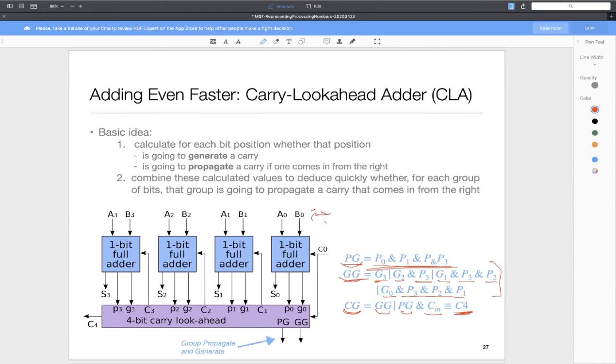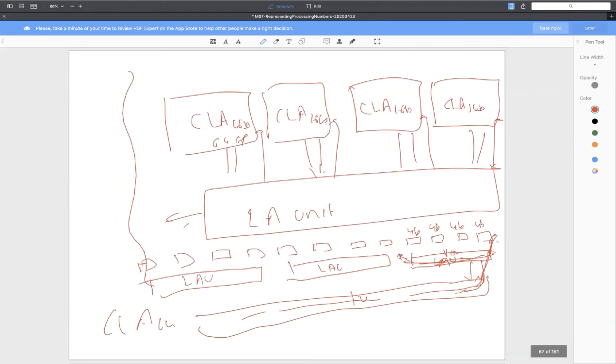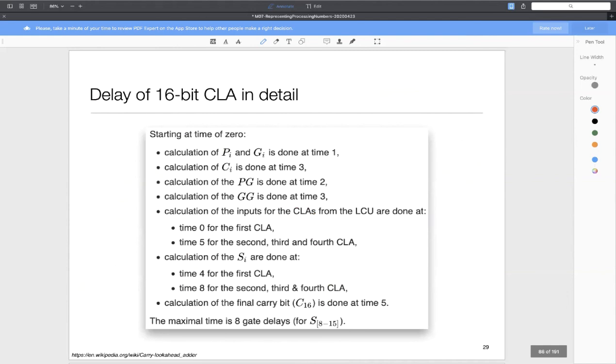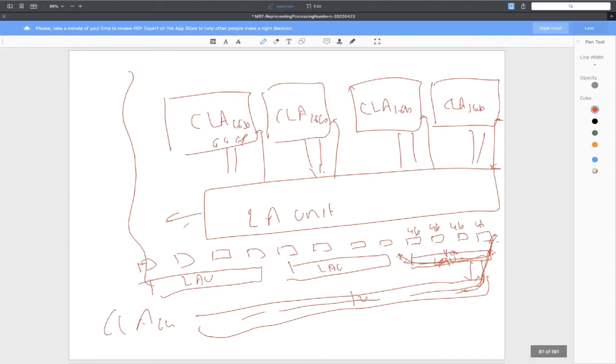Yeah, I think it's kind of hard to explain. The easiest way to do this is to actually simulate the adder and then see what is happening. But this slide, which I think I copied this text from Wikipedia, shows how the timing goes within the adder, so if you are interested, you can follow through it. But it's a complex adder, so I won't sweat too much over it.